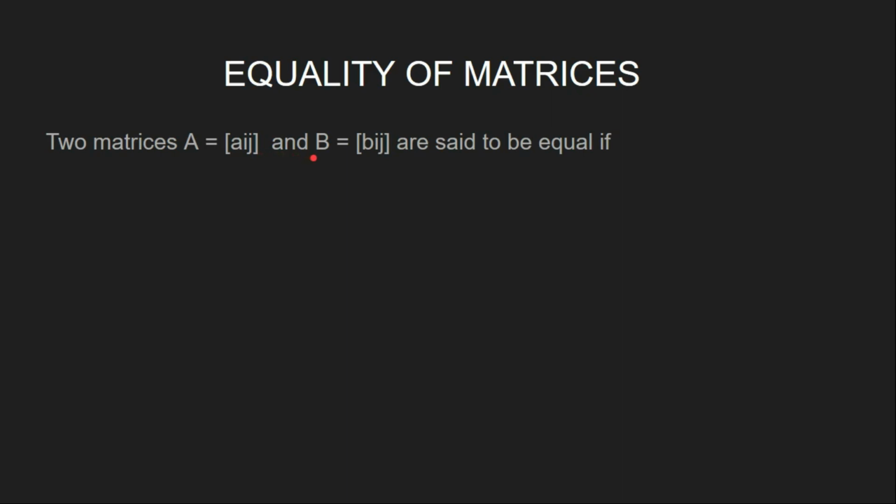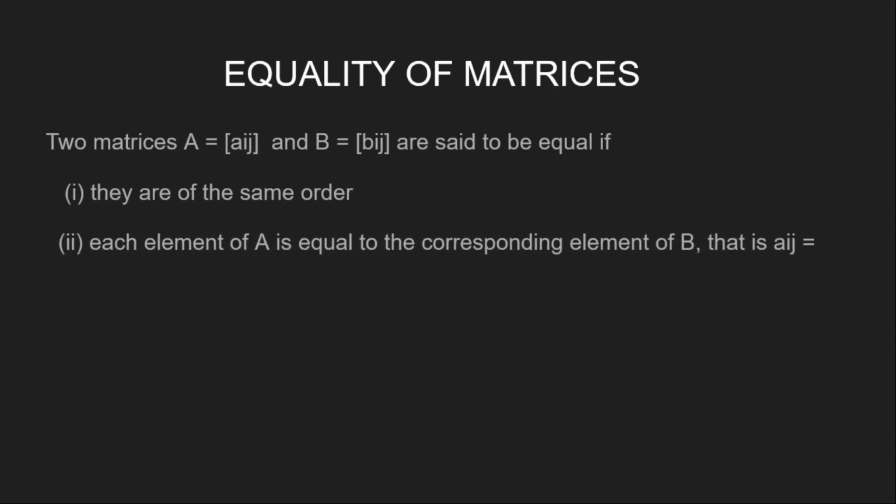They are said to be equal if, first condition, they are of the same order. The order of the matrices should be the same. Suppose matrix A has 3 cross 3 order, B should be 3 cross 3 order. Second is that each element of A should be equal to the corresponding element of B, that is a_ij equal to b_ij for all i and j.